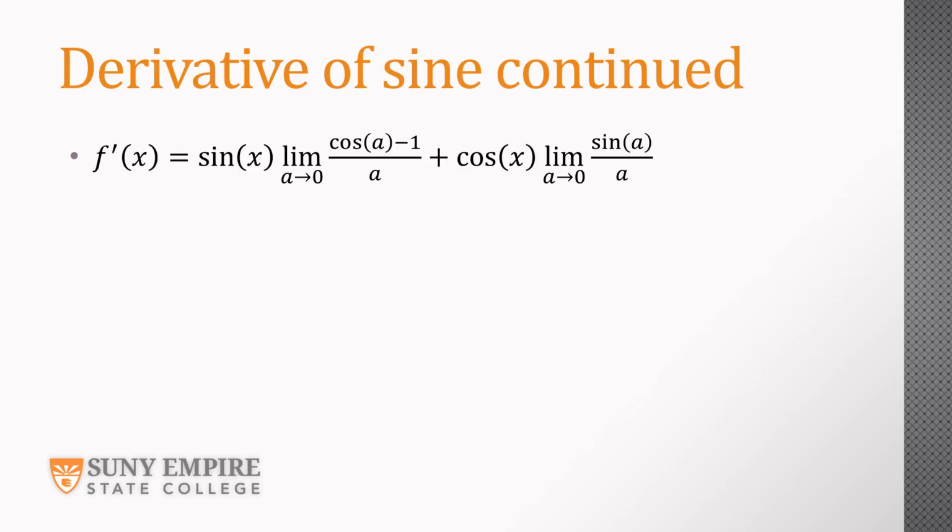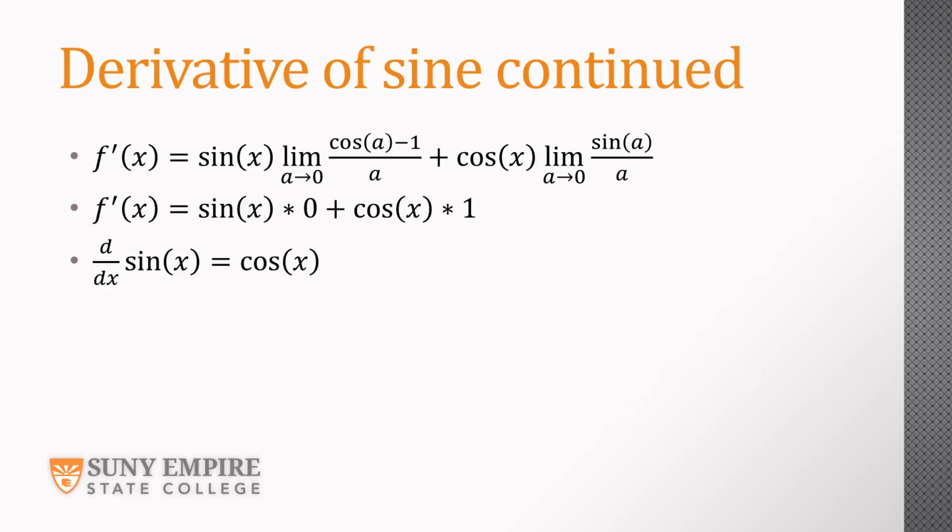Since we found those limits, we can proceed. Taking the limits, we are left with the derivative of sine equal to the sine of x multiplied by 0 plus the cosine of x multiplied by 1. Therefore, the derivative with respect to x of the sine of x is the cosine of x.